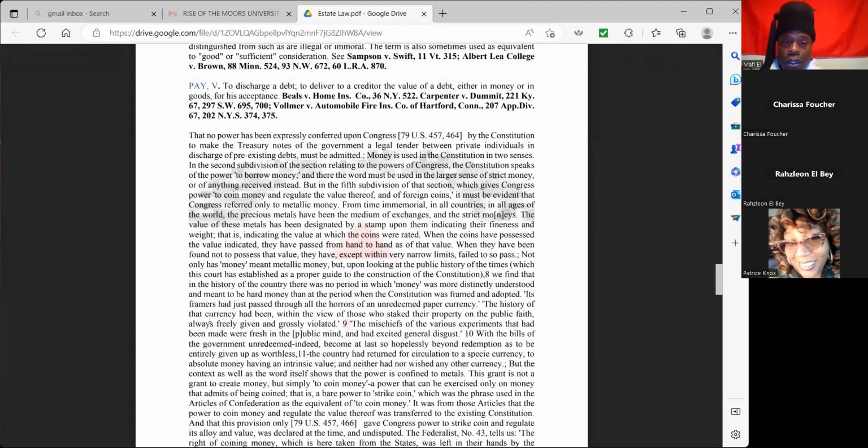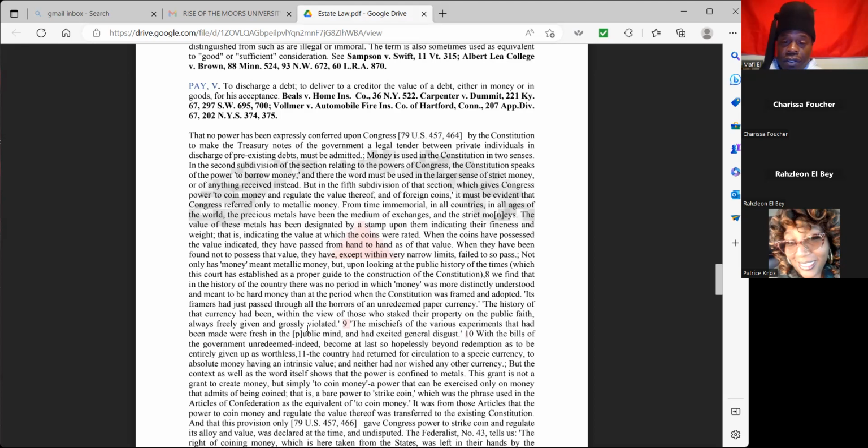Its framers had just passed through all the horrors of the unredeemed paper currency. The history of that currency had been within the view of those who staked their property on the public faith, always freely given and grossly violated.